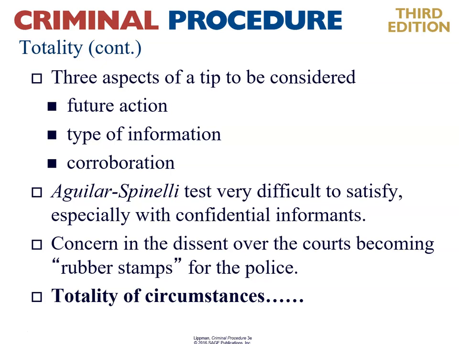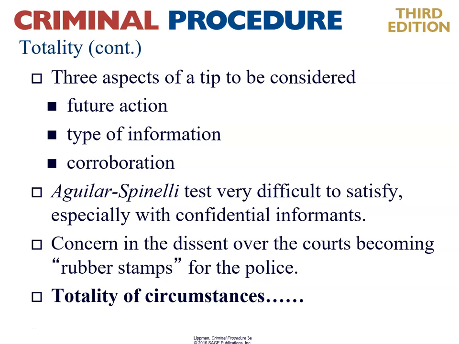So those three aspects of a tip that they consider are future action, type of information, and corroboration. In future action, the Supreme Court was pretty impressed by the fact that the tip contained a range of details, including the suspect's future actions, and these facts were corroborated by law enforcement.